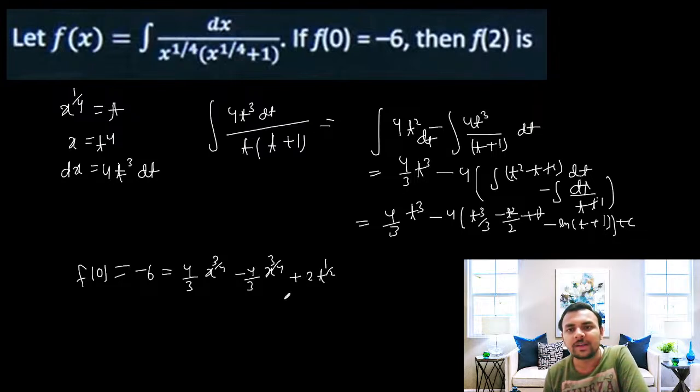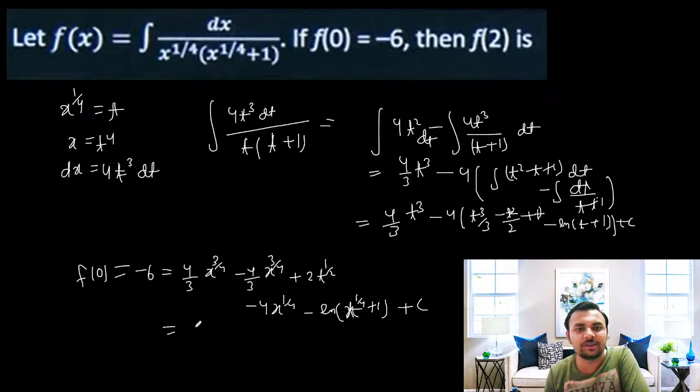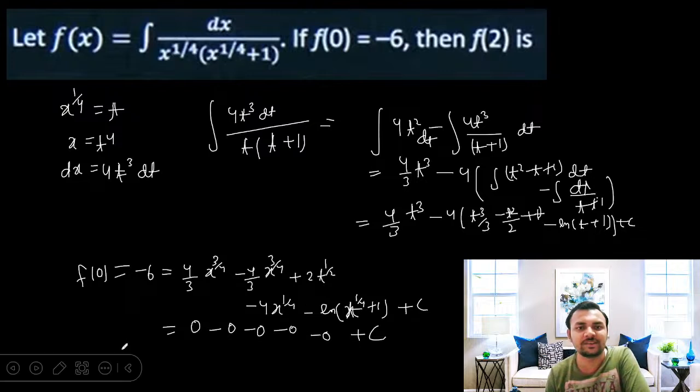Okay, and minus 4t, that is x to the power 1 by 4, and minus ln of x to the power 1 by 4 plus 1, plus c. So at x equal to 0 it is 0 plus c, so c is minus 6.